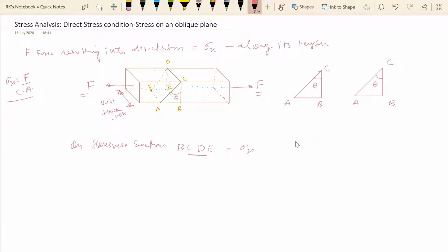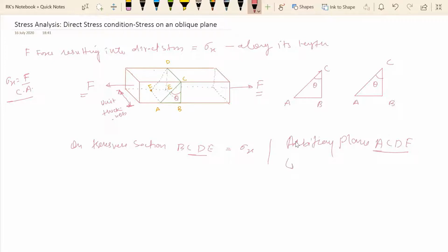Now let's look at the stress acting on any arbitrary plane. If we consider an arbitrary plane ACDF, this arbitrary plane is inclined at theta angle from the vertical plane.